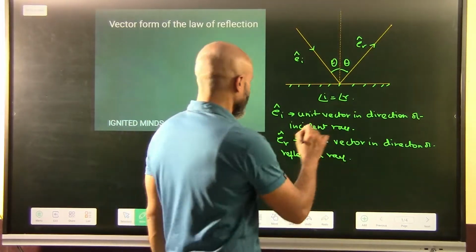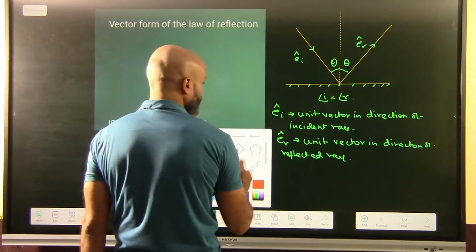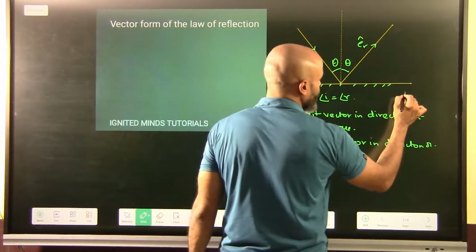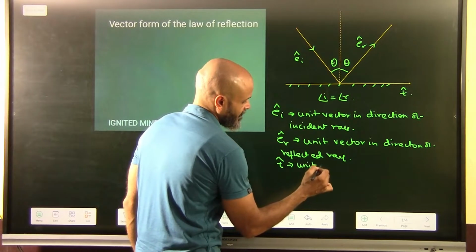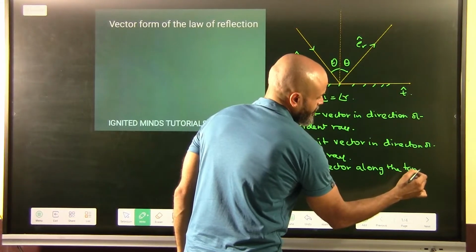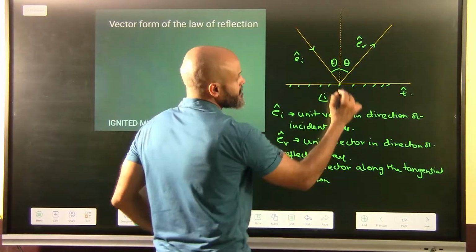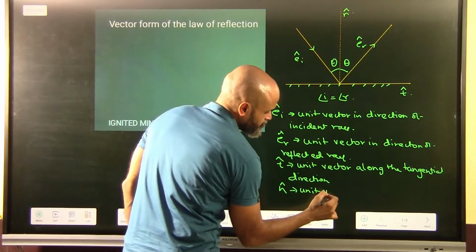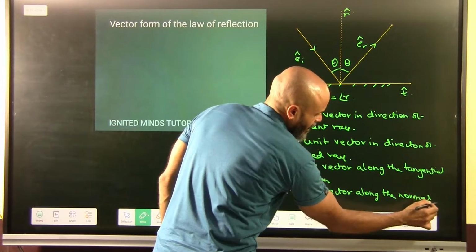In the same way, if I draw a tangent out here, and I extend this as a tangent and name this the unit vector along the tangential direction, t, and let's say this is the normal, the unit vector along the normal, n.